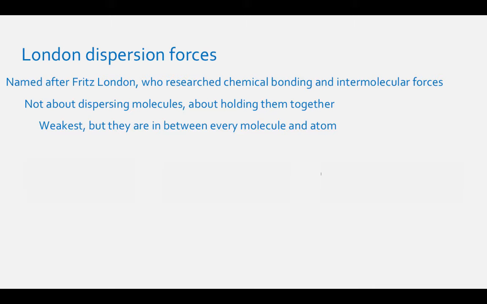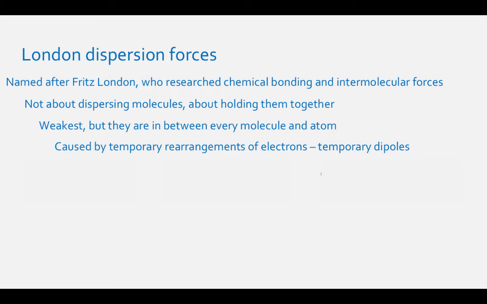This is because they are caused by temporary rearrangements of electrons, called temporary dipoles. In a certain moment, when two molecules or atoms approach each other, their electrons can rearrange so one side of the molecule or atom is more negative.